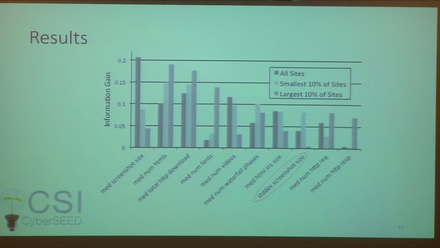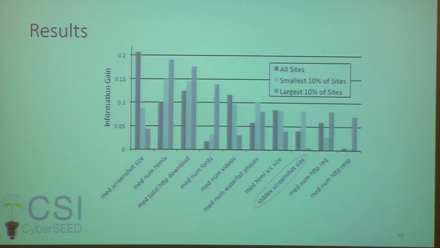And then we start getting these standard deviation features for the smallest 10% of sites, meaning that these small sites are not only small to hide themselves, but they're also dynamic in nature. So the standard deviation: we visit a site 70 times. How much does the screenshot size change between each visit?